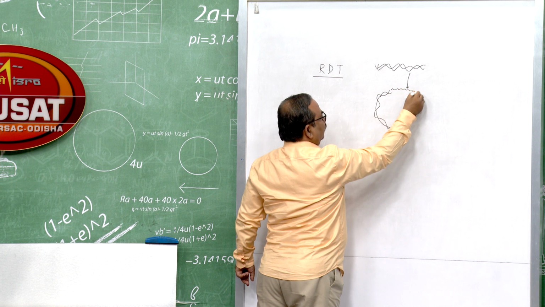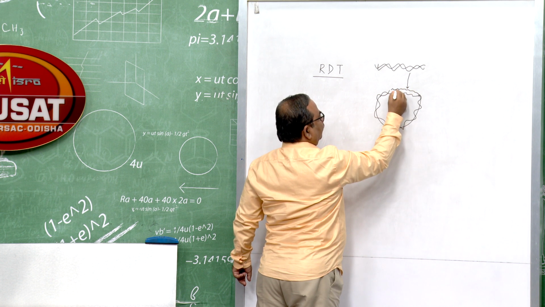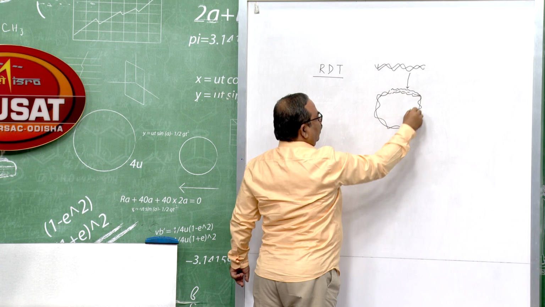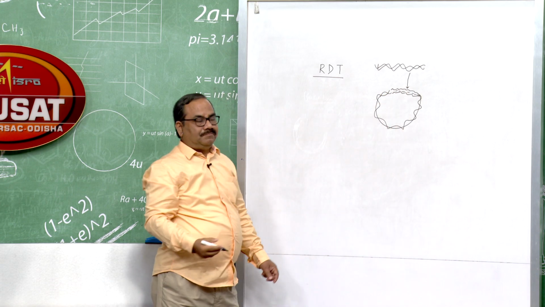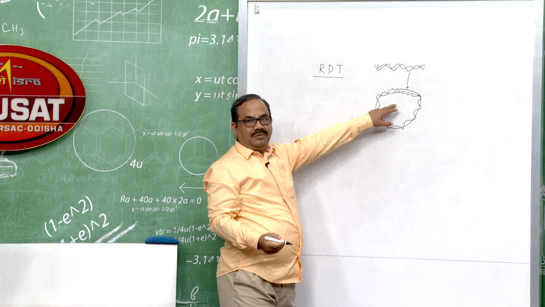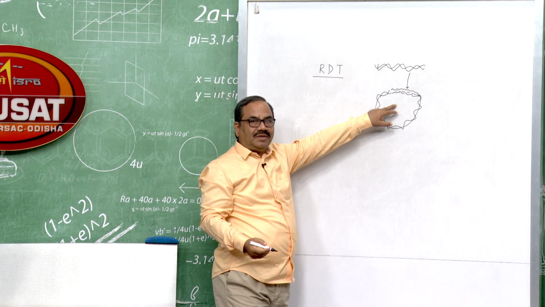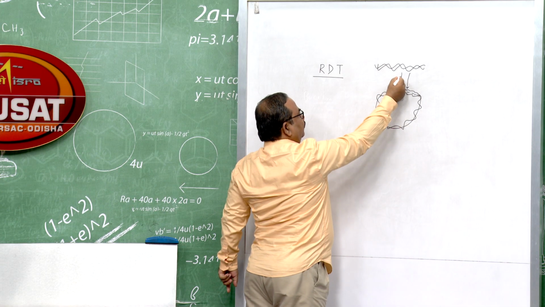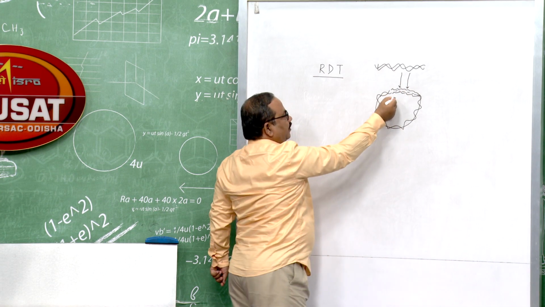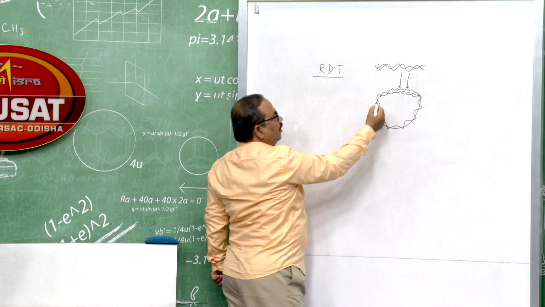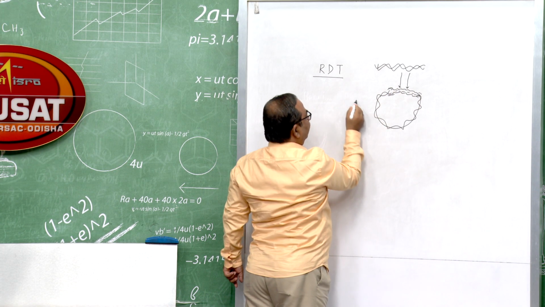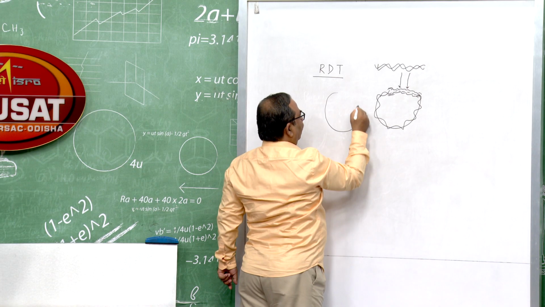Suppose this is the normal DNA; we clip it with the use of restriction endonuclease, then introduce this piece of foreign gene in this, use ligase, seal these ends and get a recombinant molecule.